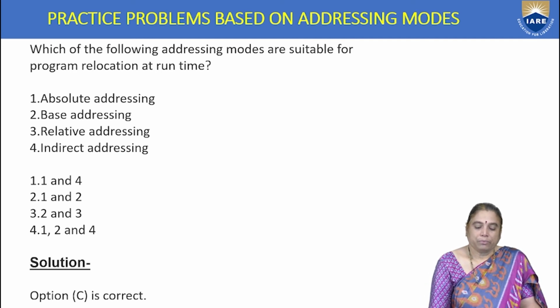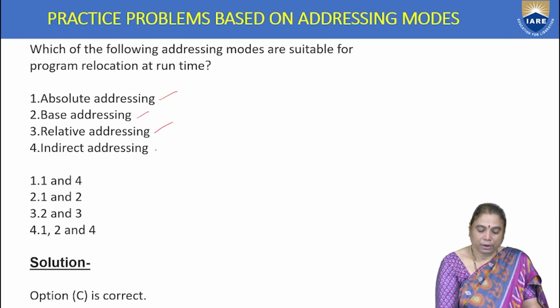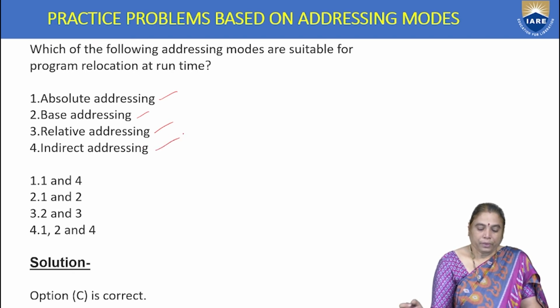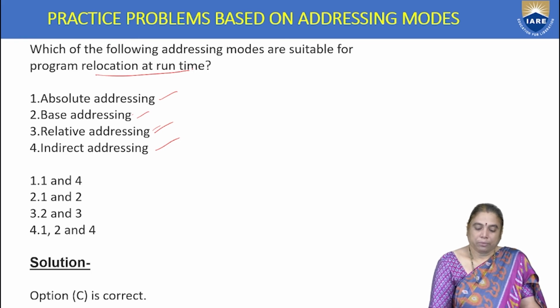The next problem is: which of the following addressing modes are suitable for program relocation at runtime. Absolute addressing, base addressing, relative addressing, and indirect addressing are given. Based on base addressing and relative addressing, relocation can be done at runtime. Why?